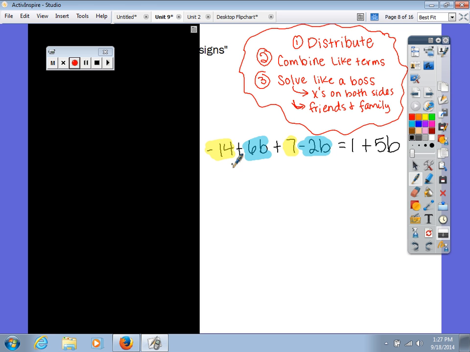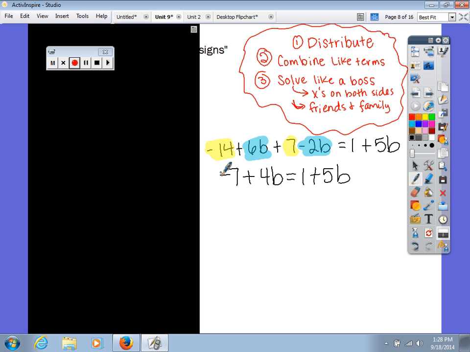In your calculator or in your head, you would do negative 14 plus 7. And that's going to give you negative 7. Then you're going to come here, once again, like terms like to stay the same. So 6b minus 2b would be positive 4b. Bring down what was on the right-hand side of the equation. And then now we have a simple equation that we can solve.